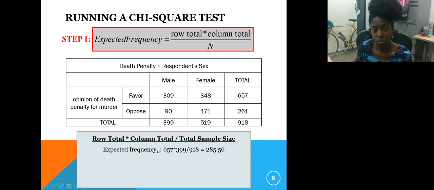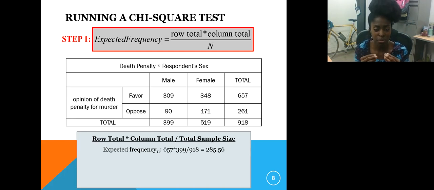We see that 357 times 399 divided by 918. Boom, just that simple. So what is it saying? We had a sample that showed 309 males favored, but if we had broken that up just by the row and column percentages and the total number of observations, that number should be closer to 286 people, not 309.